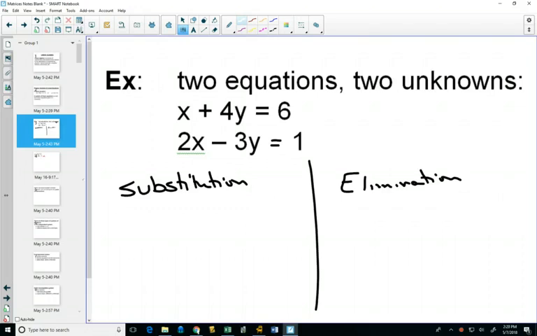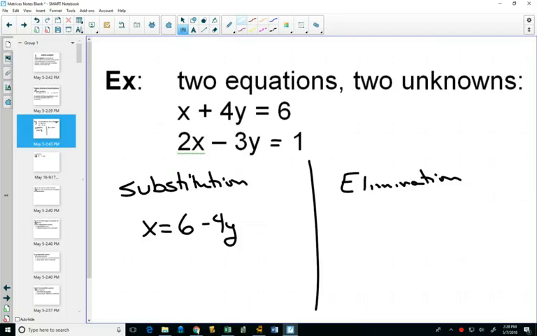But if I were to solve this, I would look and say, which variable is the easiest to get by itself? Yes, the x.